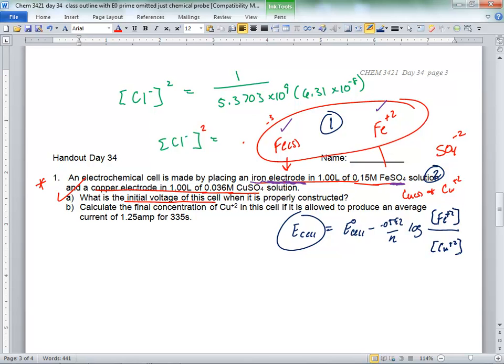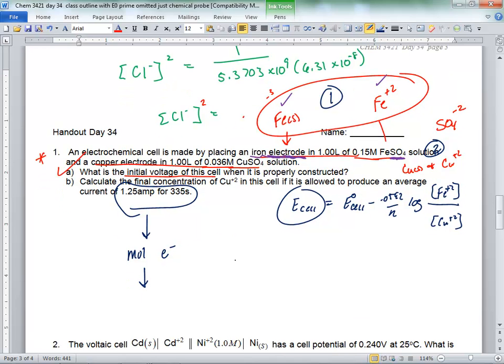So what we need to do is convert this into moles of electrons. We did what you showed us on the homework, essentially the quiz. We're going to convert this into moles of electrons, then convert it into moles of copper +2.